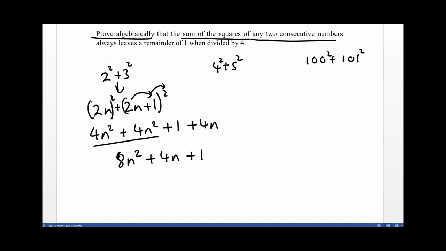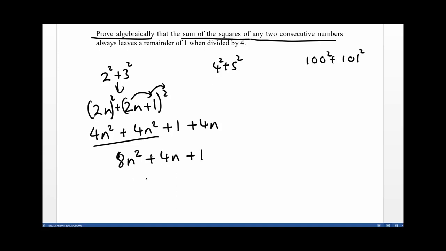Now they're saying here, prove algebraically that the sum of squares of any two consecutive numbers, which we've got here, always leaves a remainder of 1 when divided by 4. Okay. If I am going to decide to do this now, I'm going to factorize it and take 4 out and see what happens.